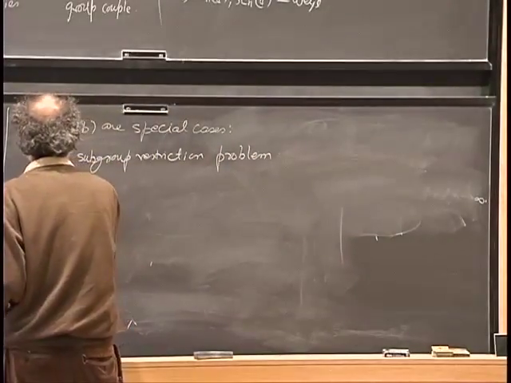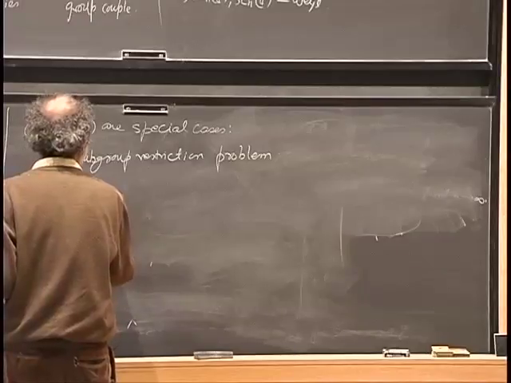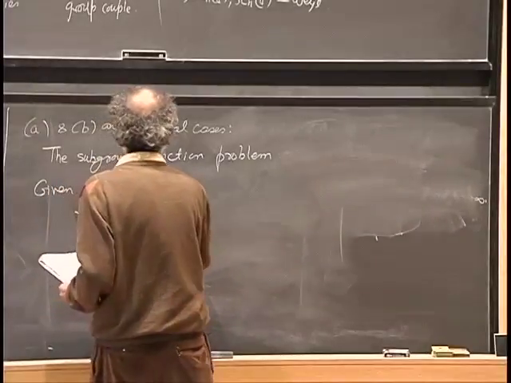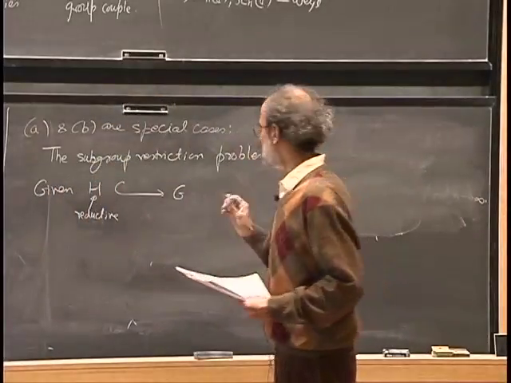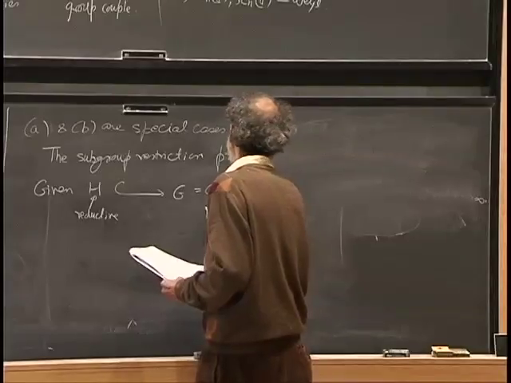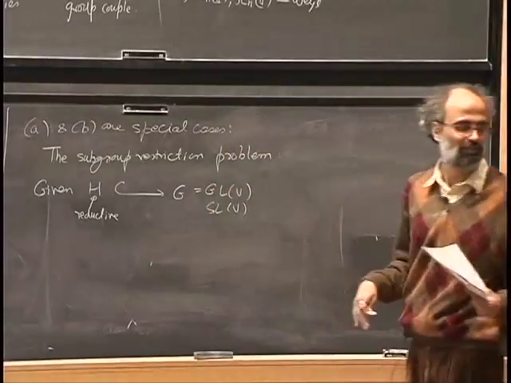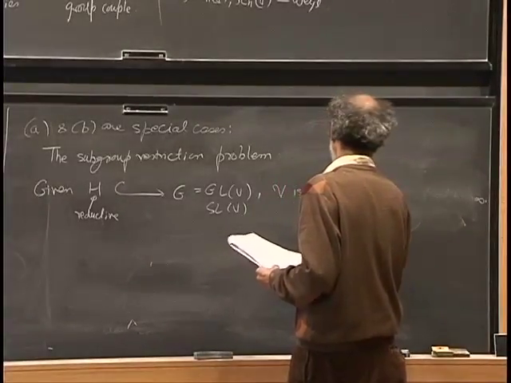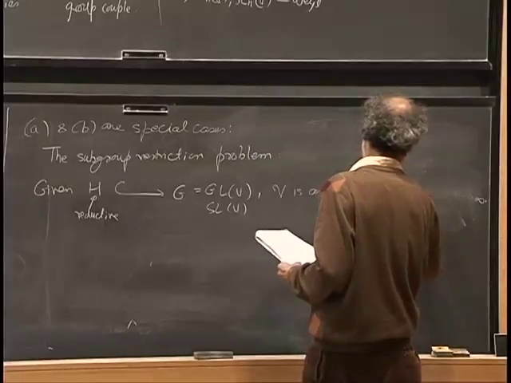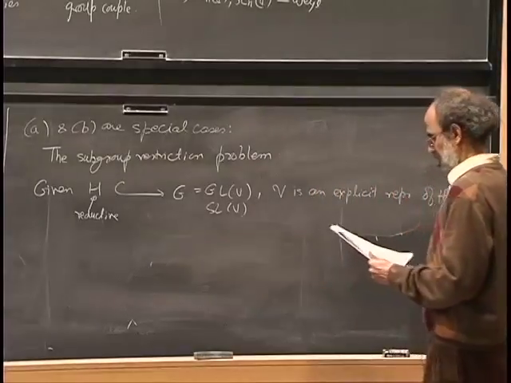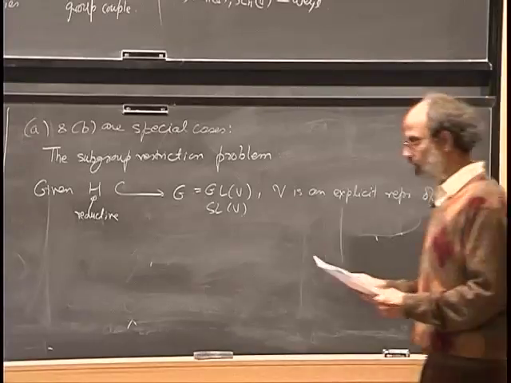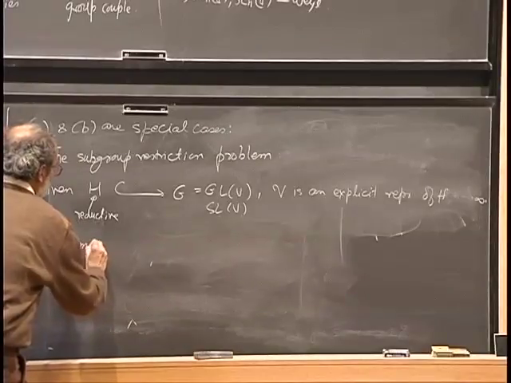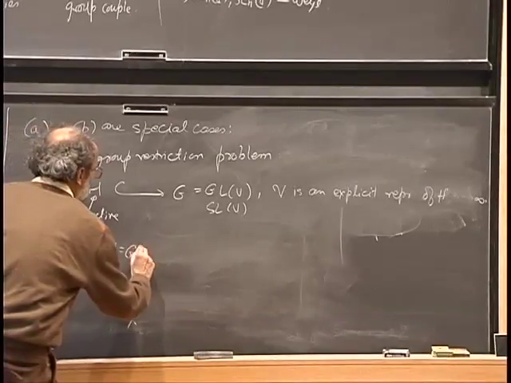Let's say that we are given a reductive H explicitly, as we have in our cases, so we know what it is, and that it is embedded inside G, which is either GL of V or SL of V, it doesn't matter, where V is an explicit representation of H. One important case we will be interested in is the Plethysm problem, when H is equal to GL_n.